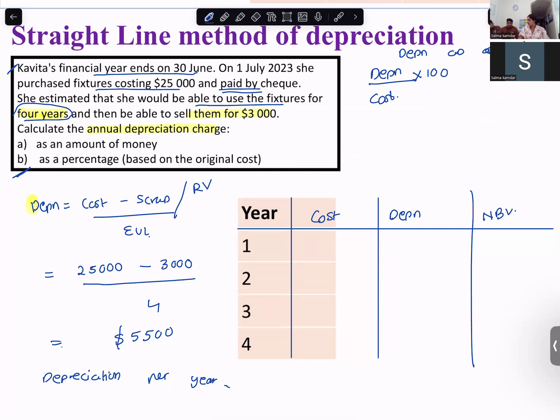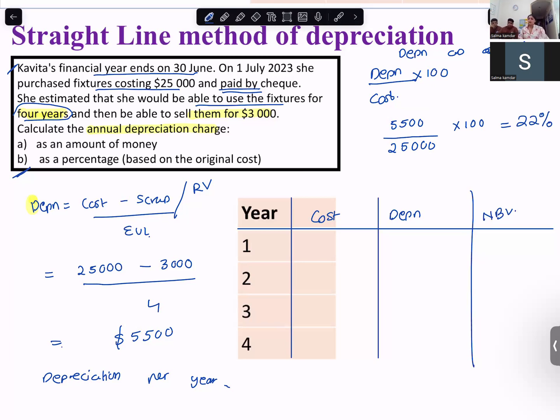Can you tell me the depreciation per year? 5,500. What is the cost of the asset? 25,000. Into 100. So when I put this on the calculator, you will get depreciation percentage as 22%. Are you with me?